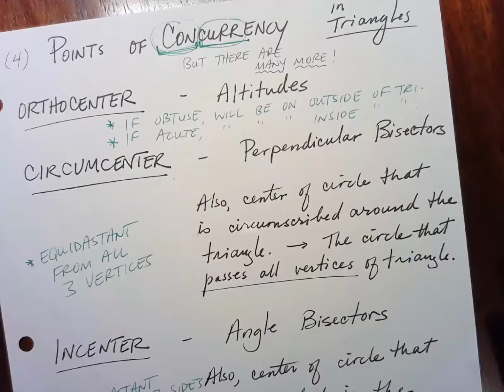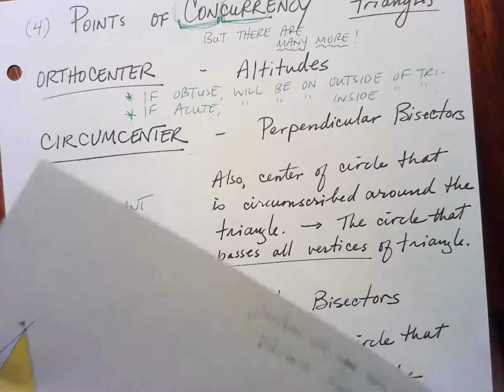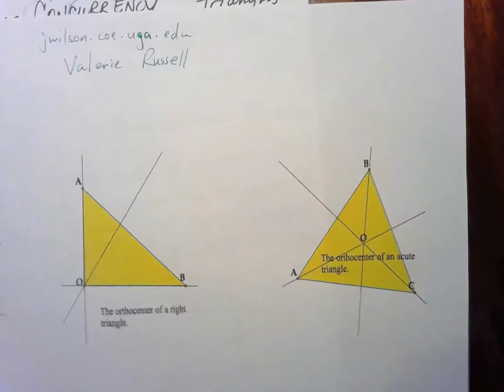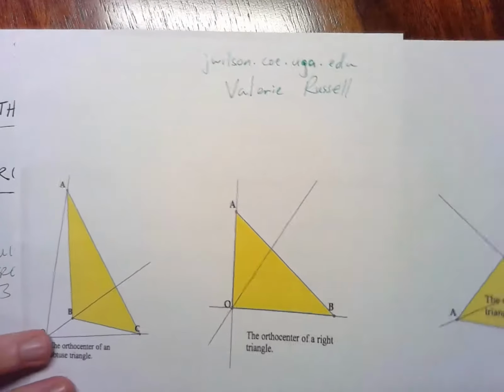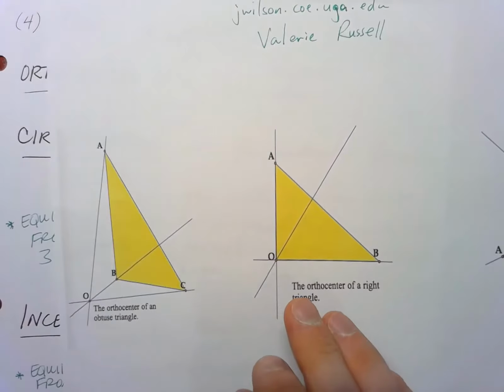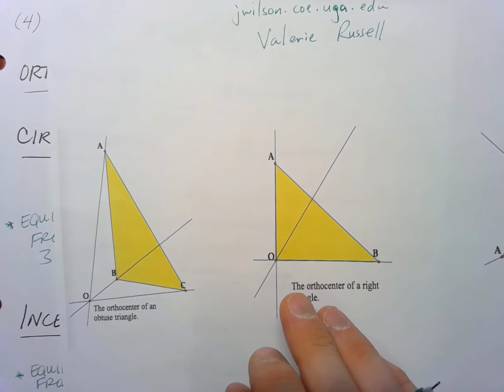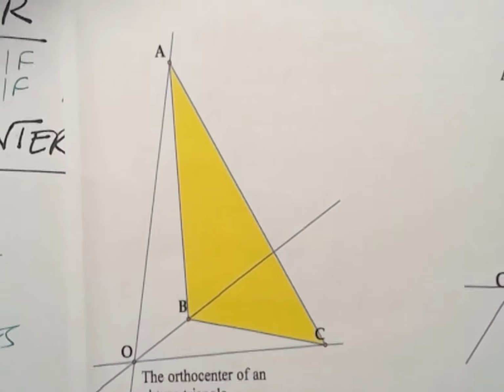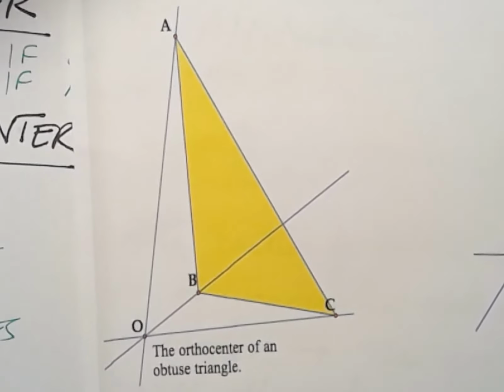That looks like this. Credit to Valerie Russell at the University of Georgia, I pulled some really awesome images from her. So let me just zoom in on this real quick. The orthocenter of an obtuse triangle is outside.